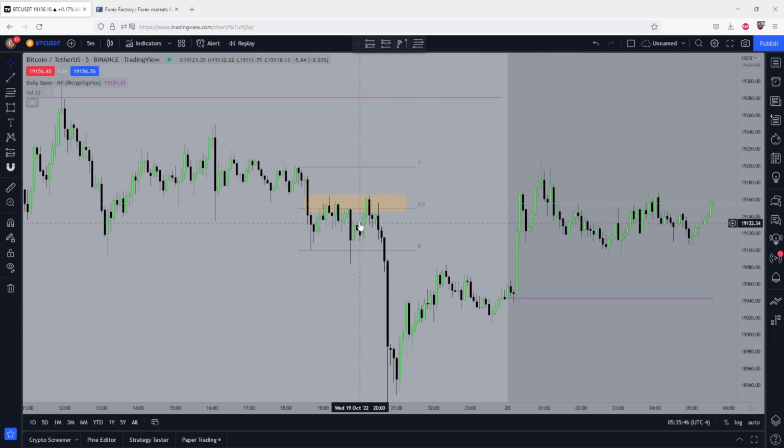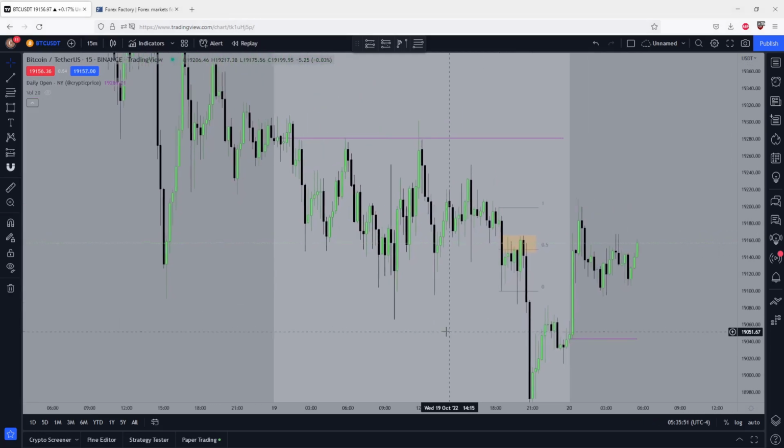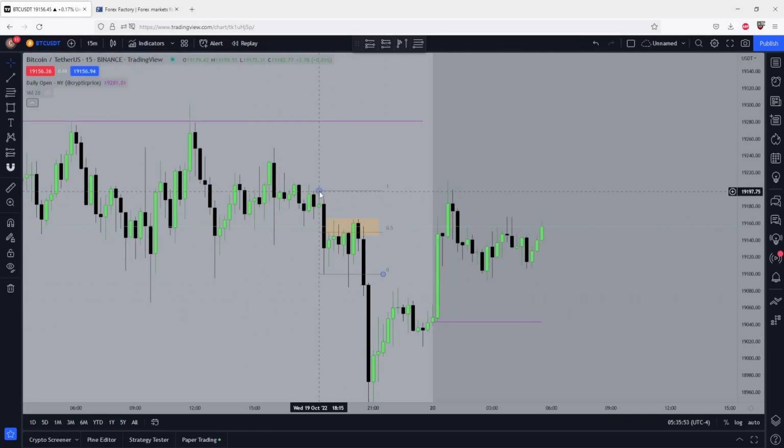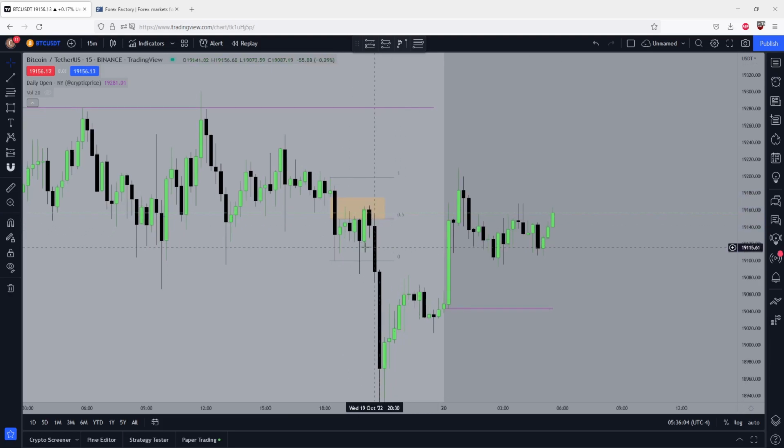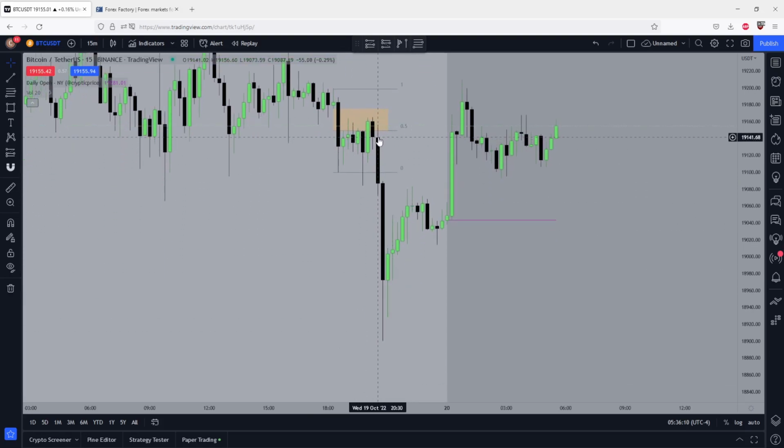And this setup is also visible on the 15-minute. So this is a higher time frame setup as well. As you can see, from this high to this low on the 15-minute, the fair value gap is a little bit different, but still totally valid. You can see price pushes up into a premium, into the fair value gap, and then eventually sells off at like 8:15 p.m. to really push lower.